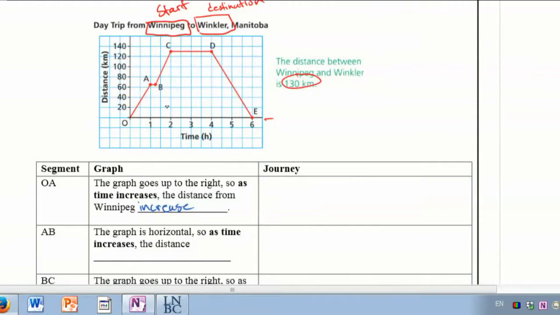So I guess from O to A is the first hour. What happened? Well, we started at, we left Winnipeg, I guess. And how far did we travel?